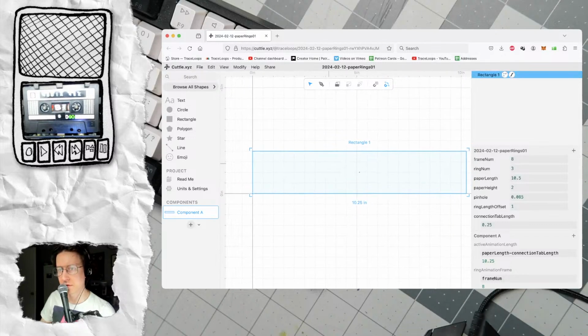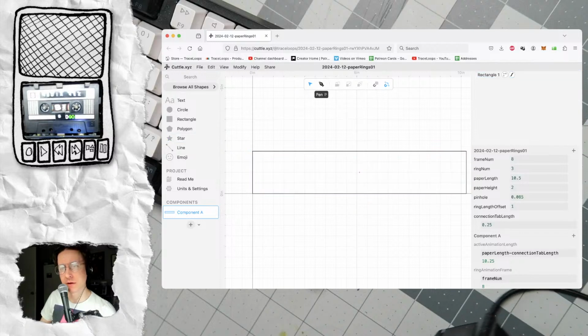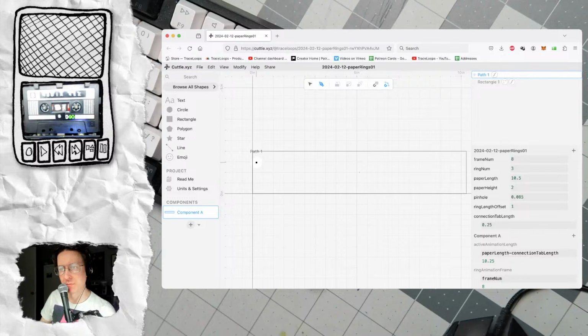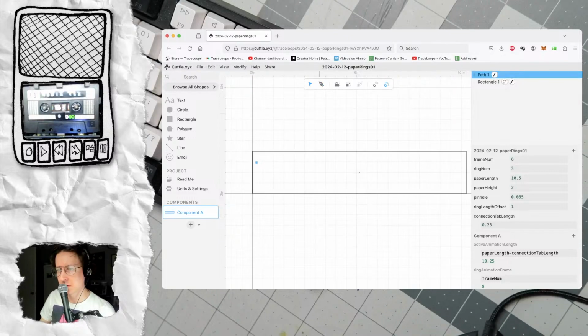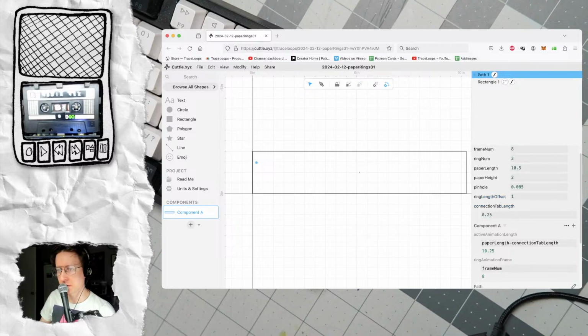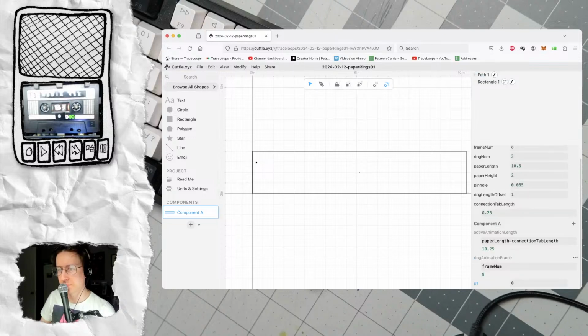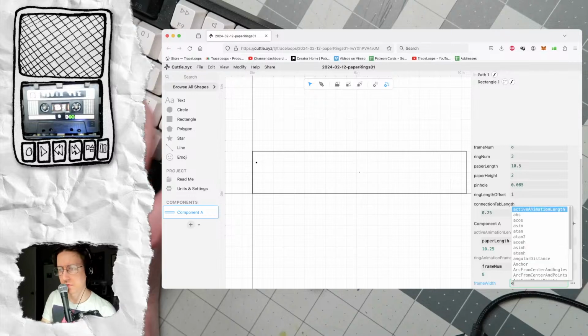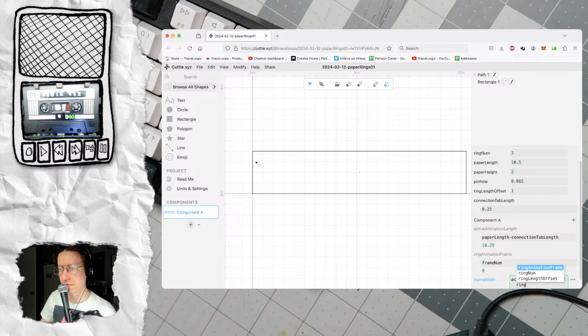Now let's pull in a guy that's just a single point. Let's take this, this is going to be active. Oh, this will be frame width, which will be active animation length divided by ring animation frame.